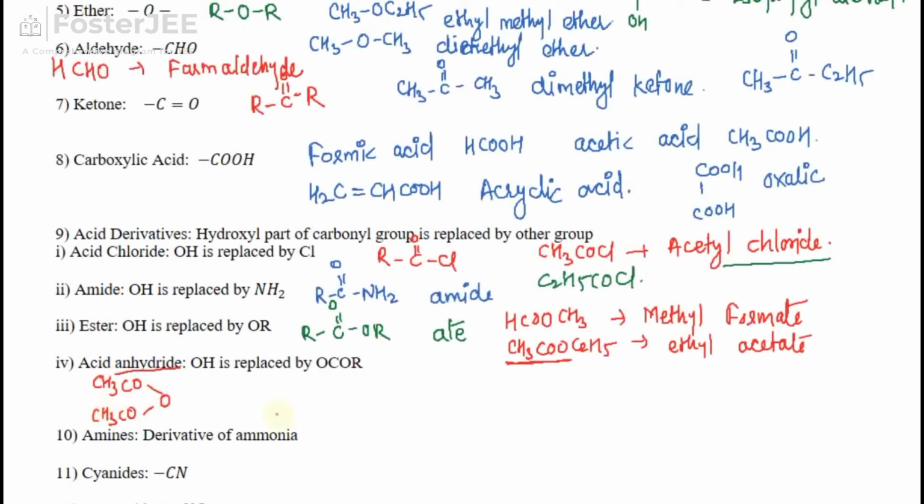So here the name of the compound is acetic anhydride. Similarly, here C2H5CO is bonded with C2H5CO through one oxygen. So the name of the compound is propionic anhydride.